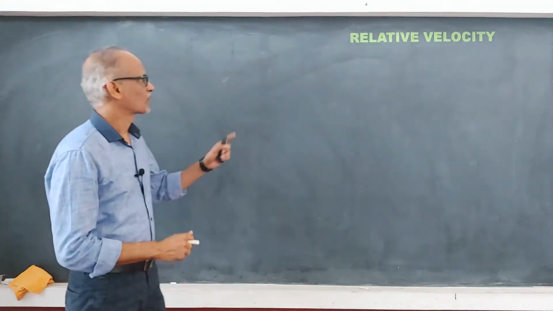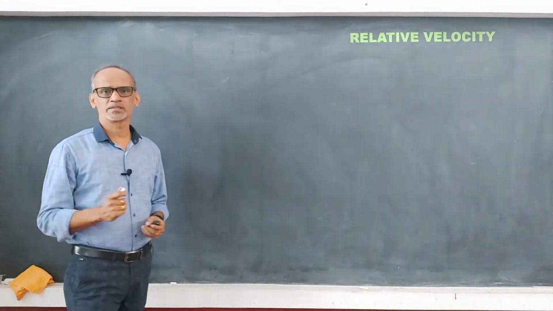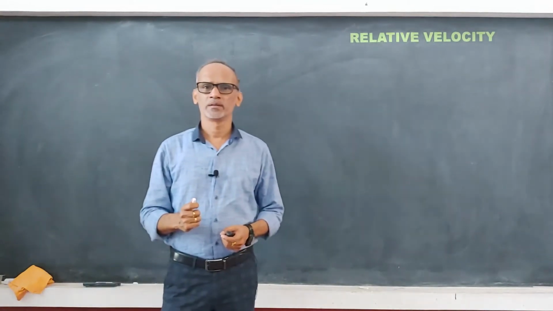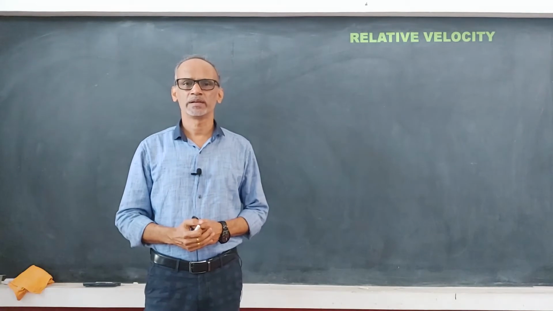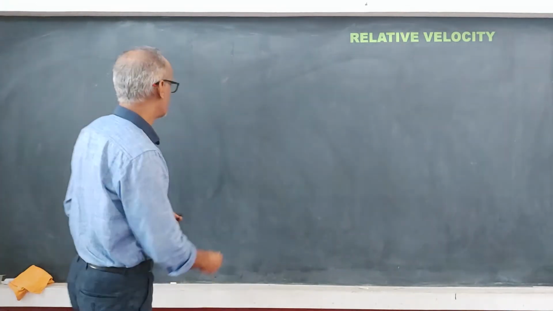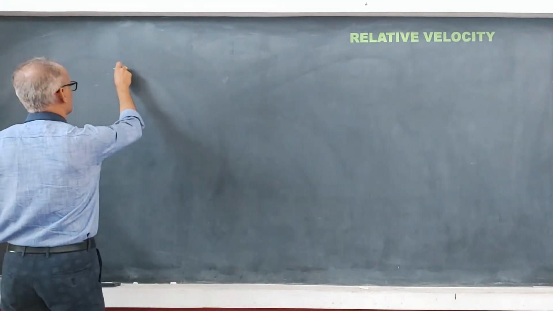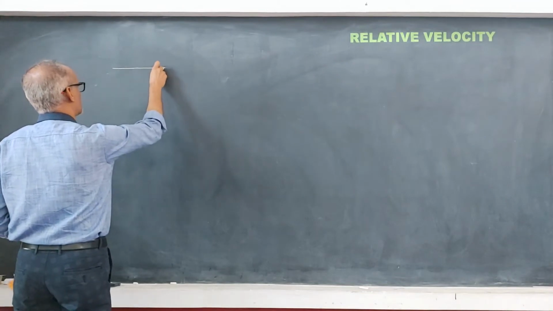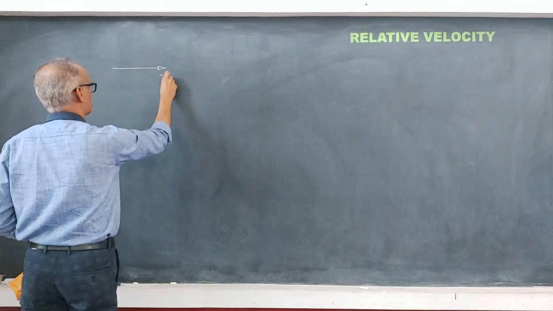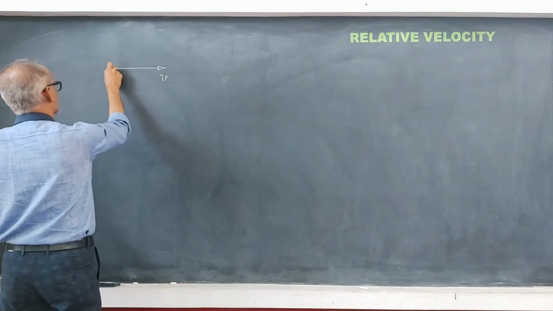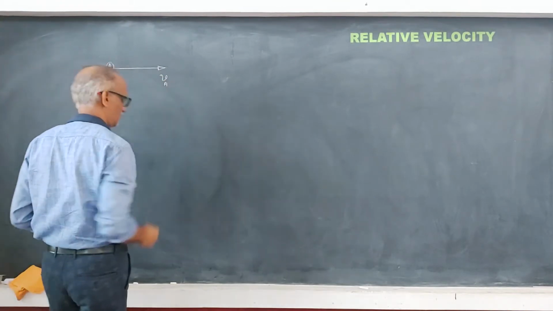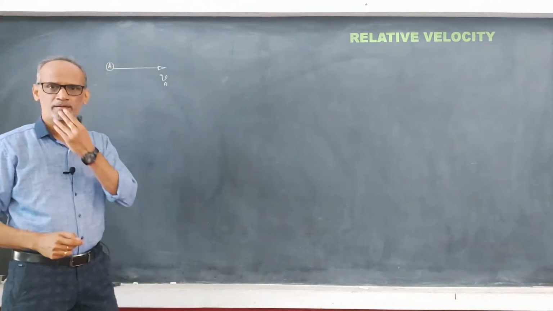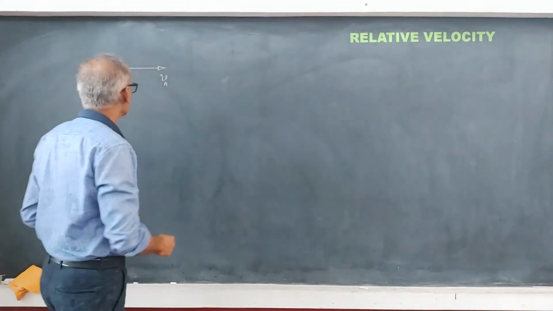So, first, what is relative velocity? The velocity of one moving body with respect to another moving body is called relative velocity. Let us take an example. There is a body that moves in one direction, and I am going to name it A, and let V suffix A be the velocity of that body.